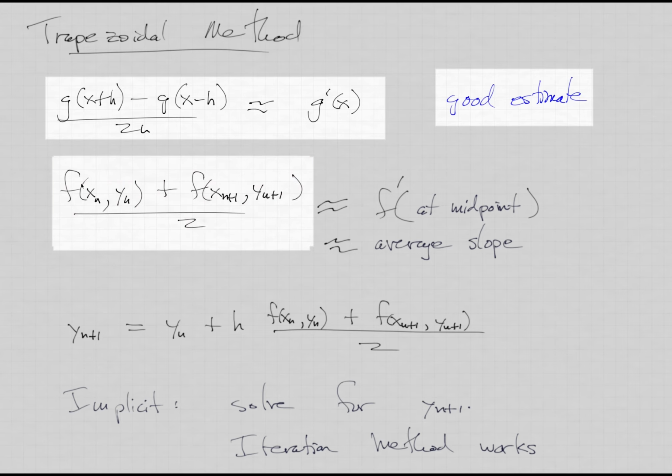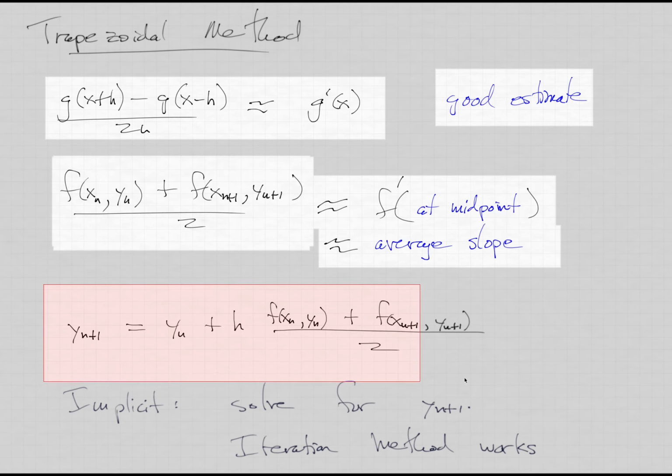If you take the value of the slope at xn and the value at xn plus 1 divided by 2, what you're getting is essentially the value of the slope at a point halfway between them, and that should be a good estimate of the average slope between xn and xn plus 1. So this seems like actually the best way to go, right? We want to pick a value y sub n plus 1 such that the average slope from xn to xn plus 1 would be given by this formula, right?